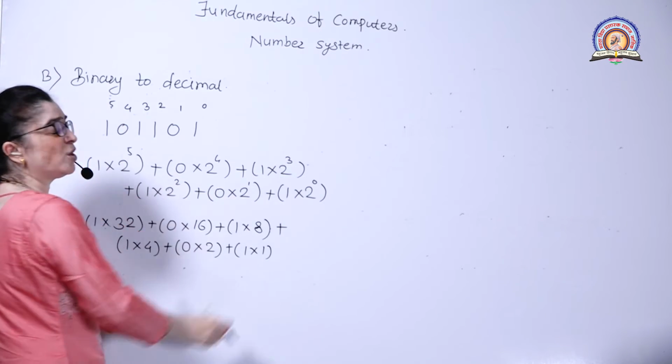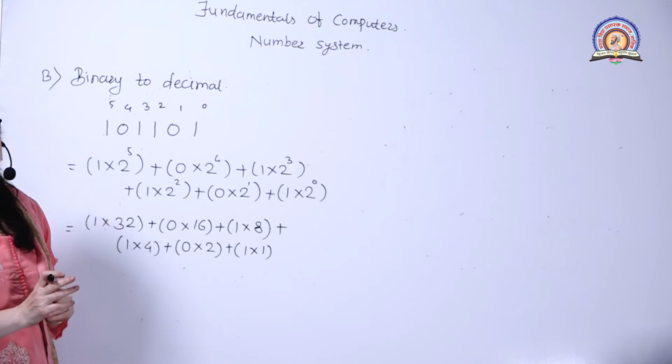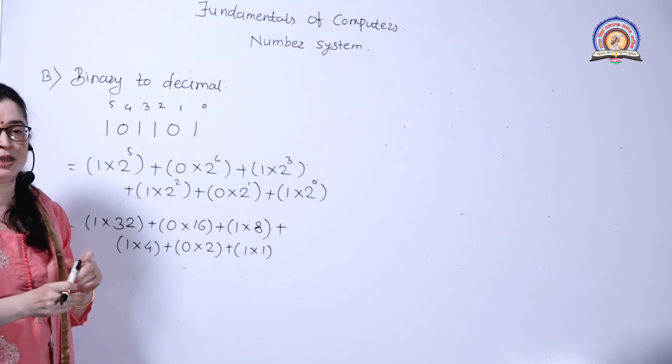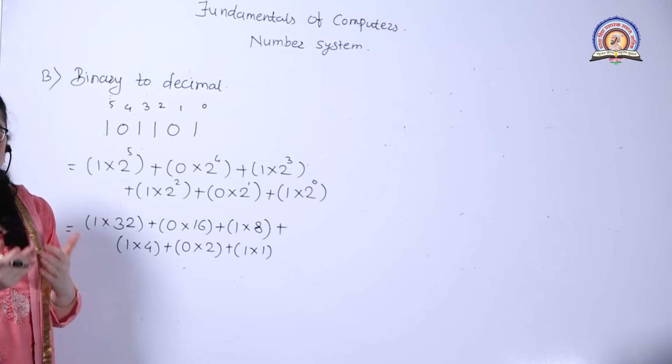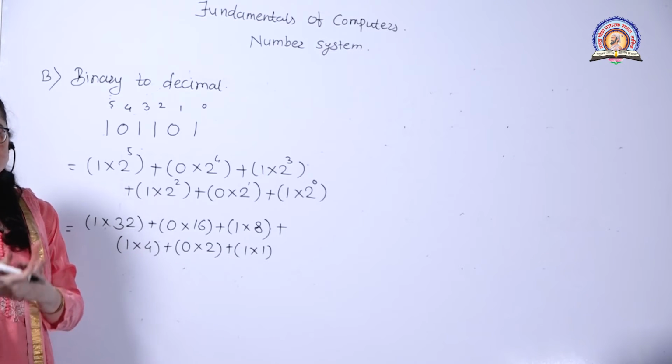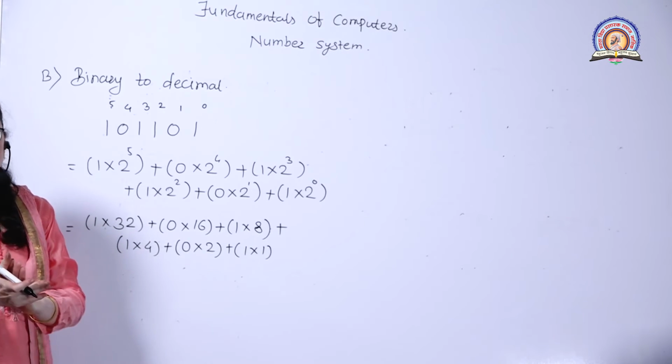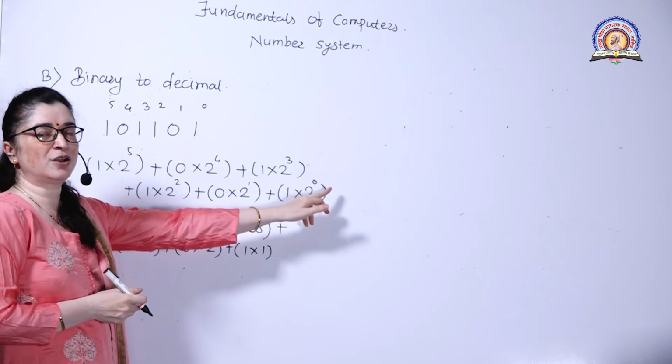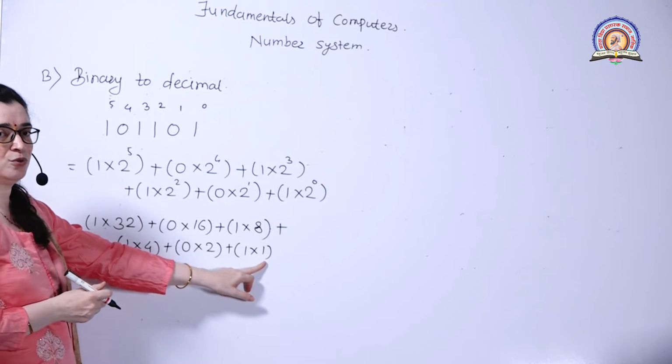Here 0th power of any number is equal to 1. That may be 2 raised to 0, it is 1. 16 raised to 0, it is 1. 50 raised to 0, it is 1. So 0th power of any number, you have to write down 1.